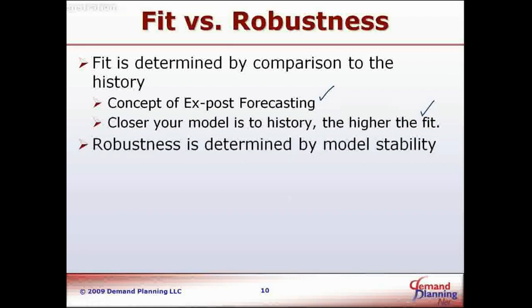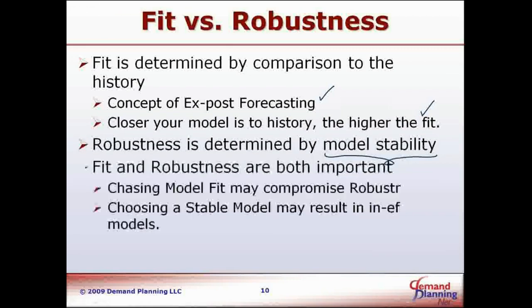It has to be a good fit. It doesn't have to be a perfect fit, because the moment you have a perfect fit, there should be a red flag. If a model reports 100% accuracy, a perfect fit, that actually means you have a problem. It may not be robust and you will have problems in the future. If you balance the two, then the model has forecasting power, meaning the expected forecast error is low.